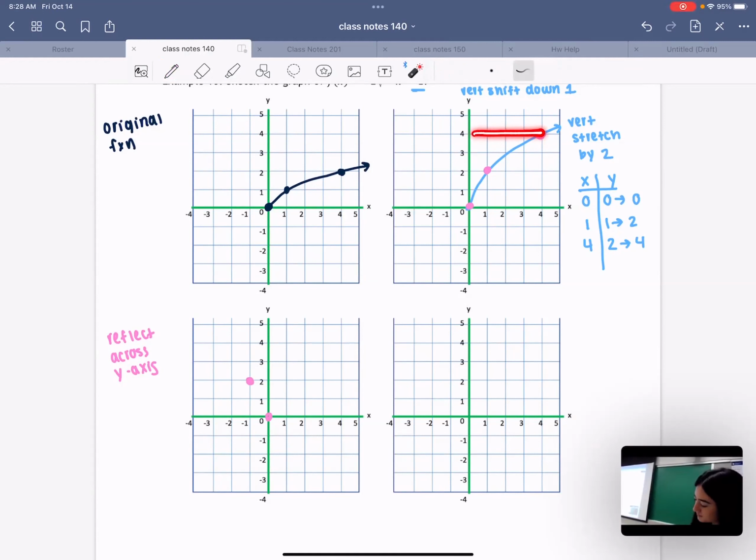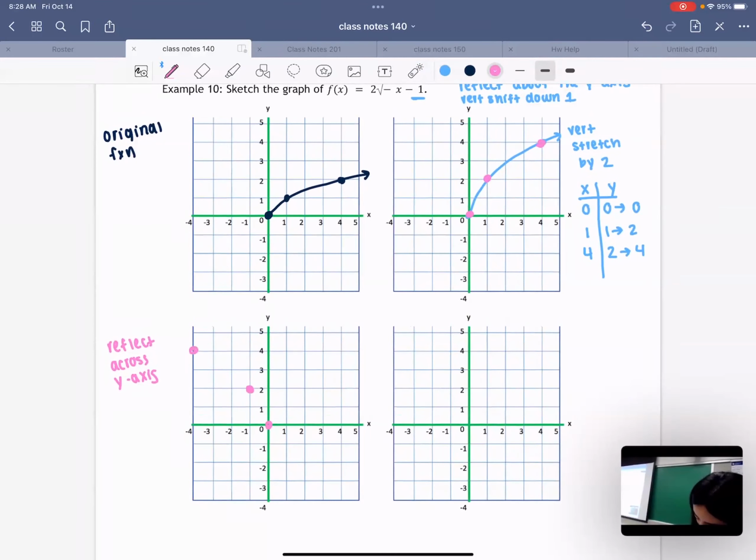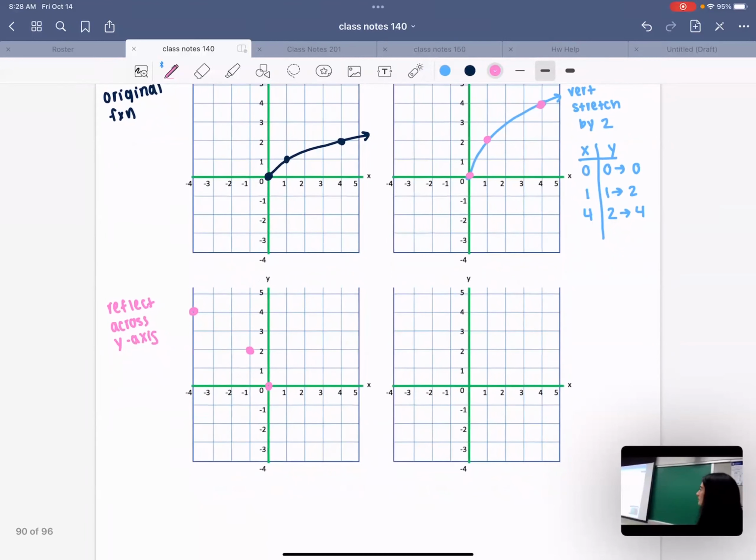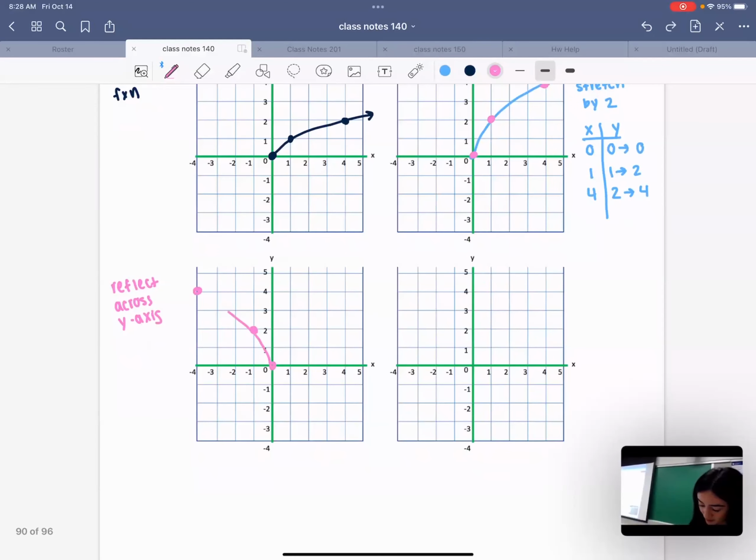So in order to bring it to the left, I would need to bring it 4 blocks away on the left. So that point would go here. Once I'm done doing that, I know what my shape looks like, so I can draw my shape. There we go. So now it looks like this.